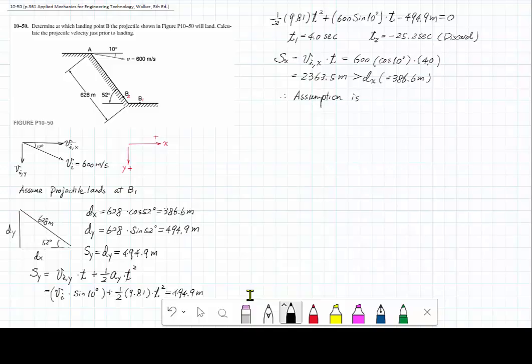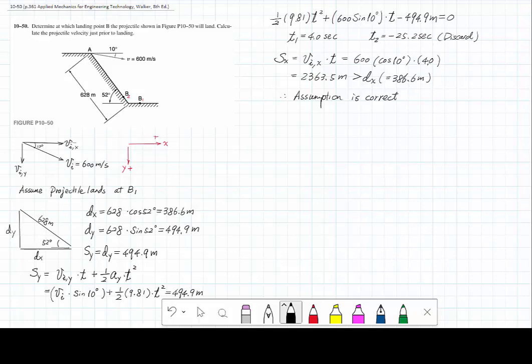It should land on the horizontal ground. If this number here, Sx, is smaller than dx, then the projectile is going to land on the incline, so then we need to recalculate. So the assumption is correct. We don't need to recalculate.